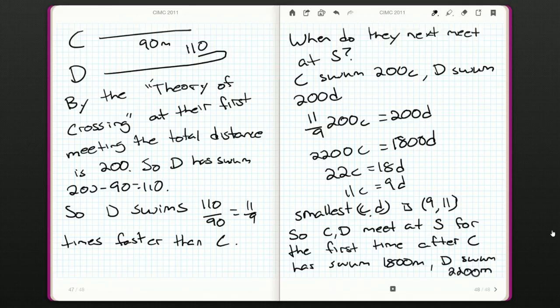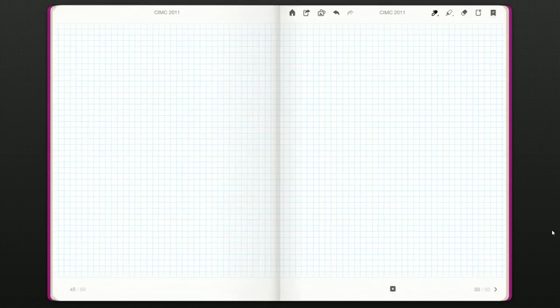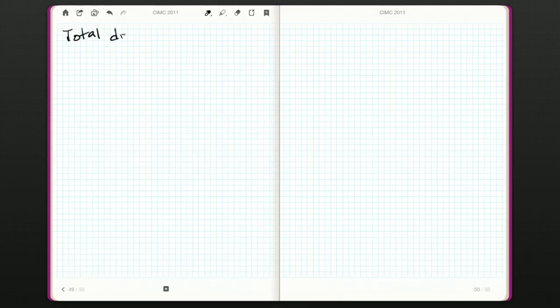We want, after this first meeting, how many other meetings? Well, we know exactly when people meet. Given a certain total distance, we can tell how many times they've met up till that point.